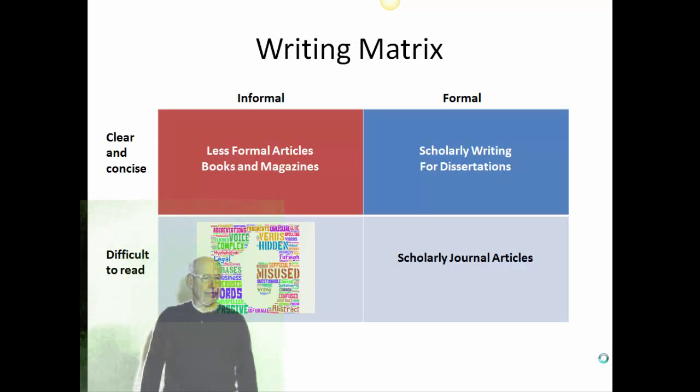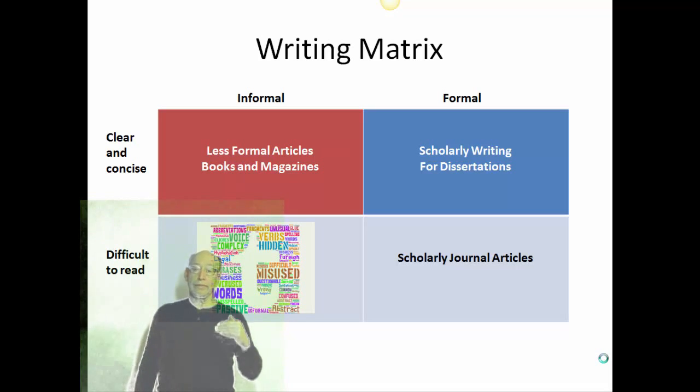So I've come up with a writing matrix, and you can see in the top corner in the blue, it says scholarly writing for dissertations, which is formal and it's clear and concise. And that's what scholarly writing has to eventually wind up to be.